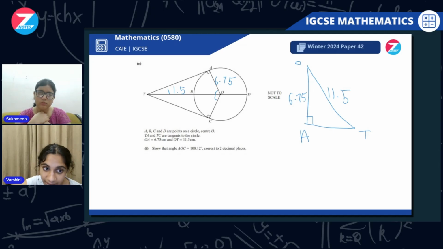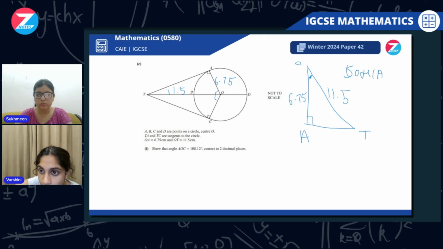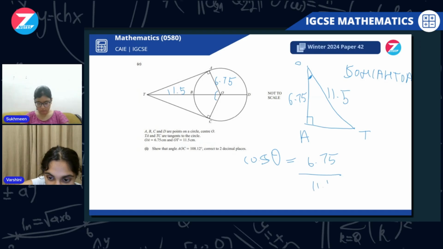So to find this angle AOT, we know the rule is SOHCAHTOA, and cos is adjacent by the hypotenuse. So if this is the angle we want to find, it's going to be the adjacent, which is 6.75, divided by 11.5. So cos theta equals 6.75 divided by 11.5.